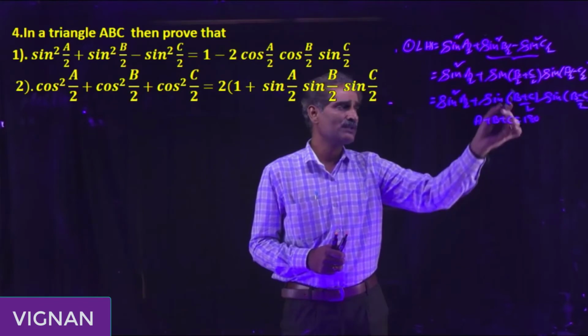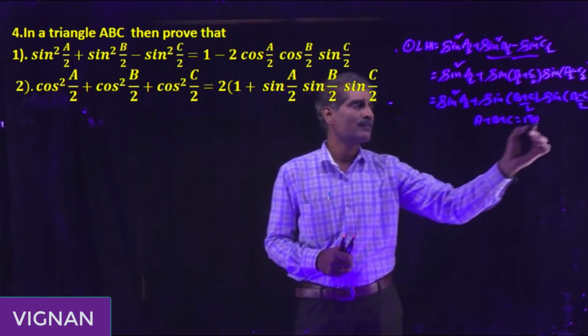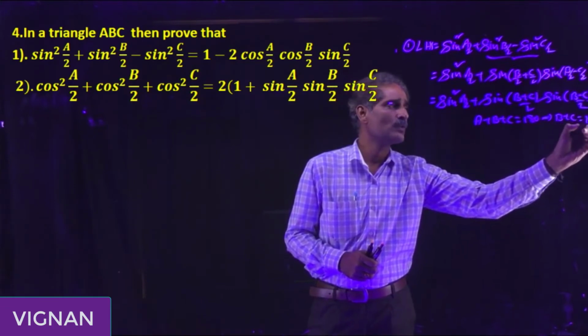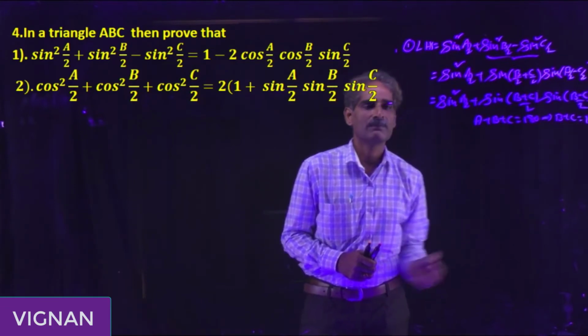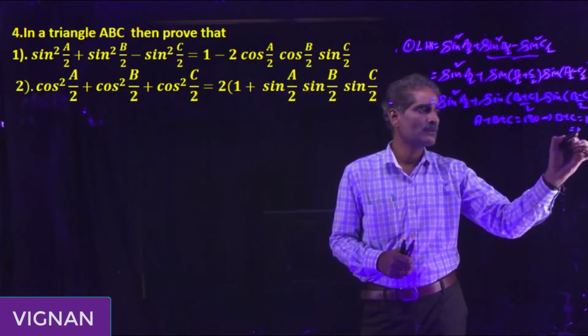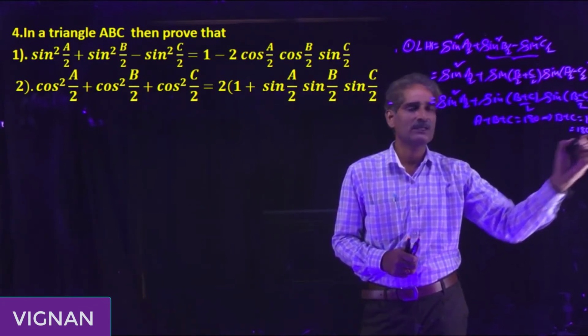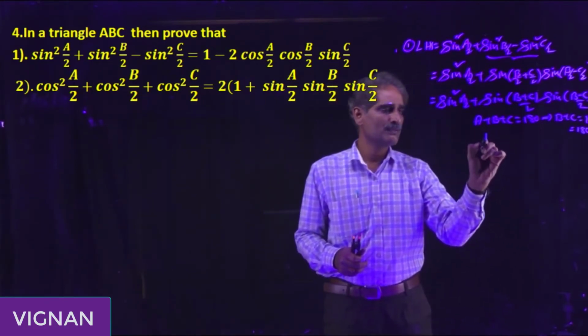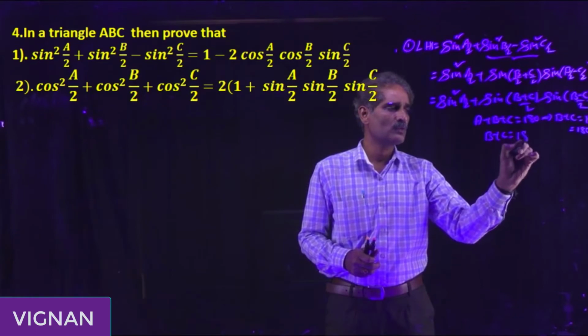So with the help of this, find out the sin (B plus C) by 2 value. From this, B plus C is equal to 180 minus A.